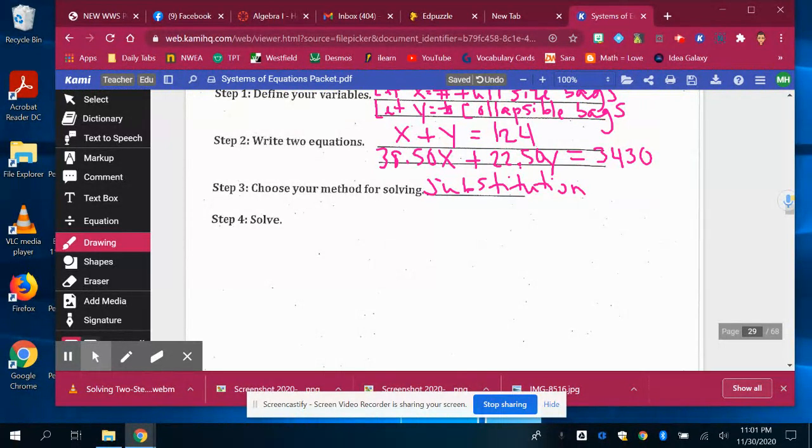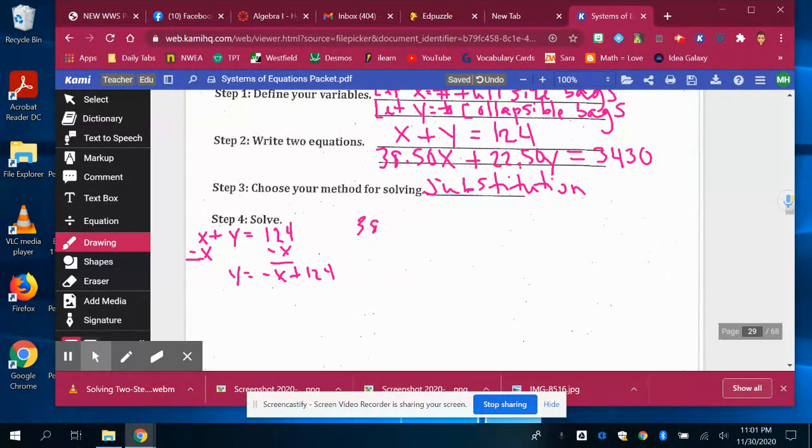So I'm going to solve one of my equations for a variable. I'm going to solve for y here. So I'm going to subtract x. I'm going to get y equals negative x plus 124. So now I can substitute this negative x plus 124 in my second equation where y is.